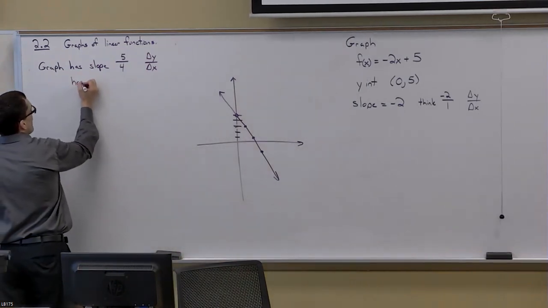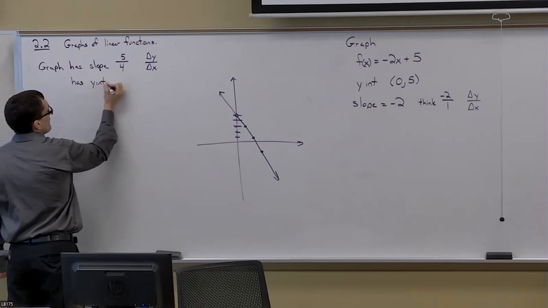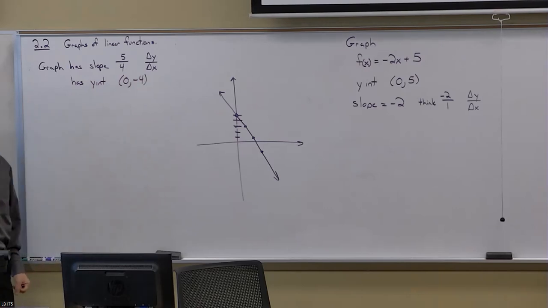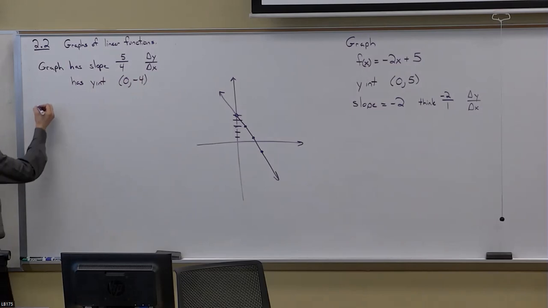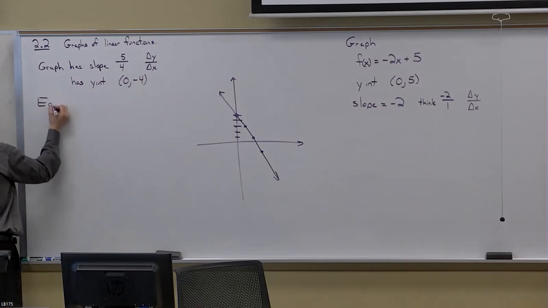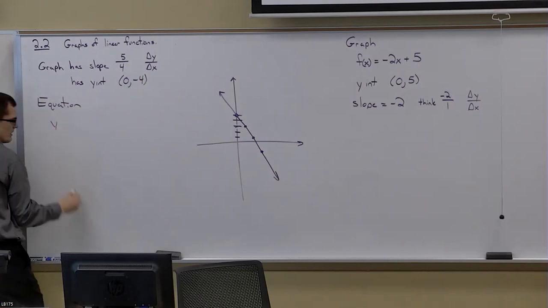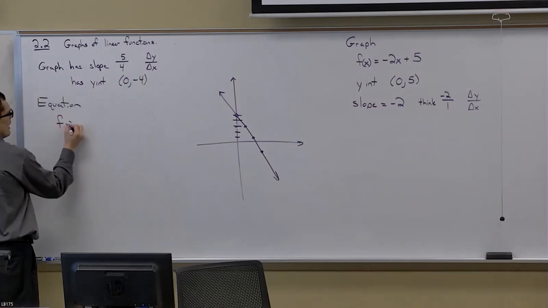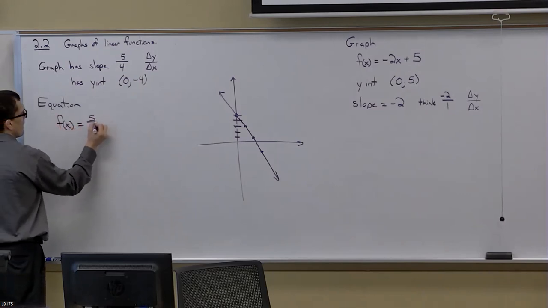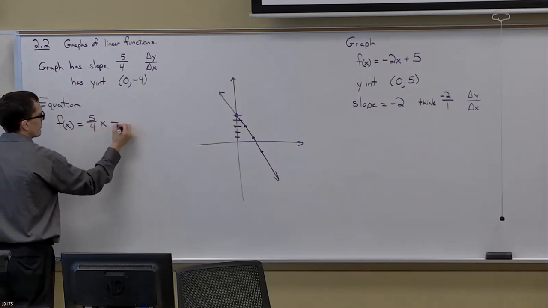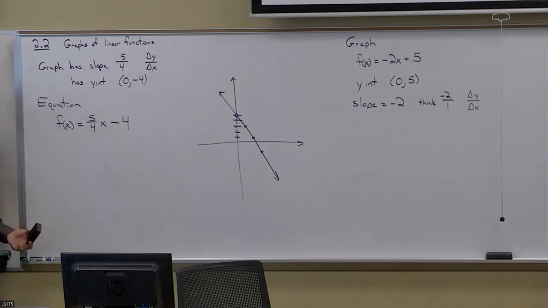And it also has y-intercept of (0, -4). We saw that visually. Then the equation, well, depending on whether you write function notation, I'll write function notation. f of x equals 5/4 x plus -4. Doesn't matter.